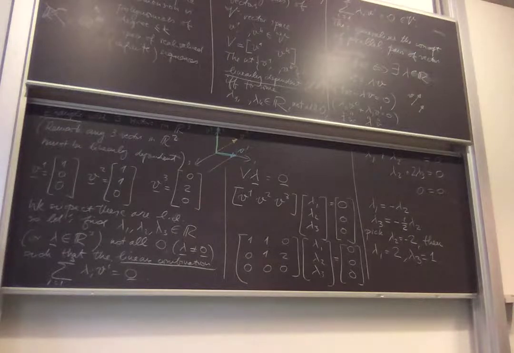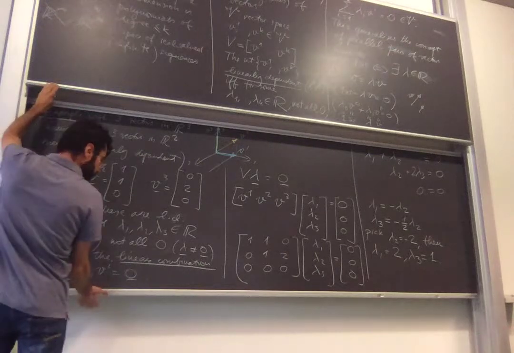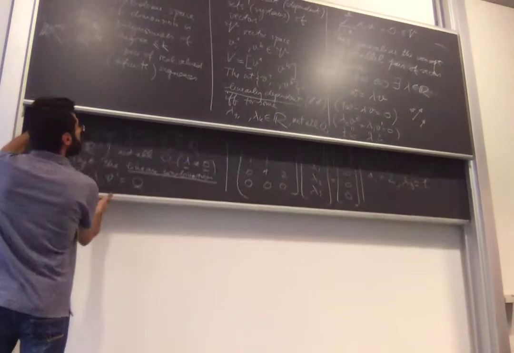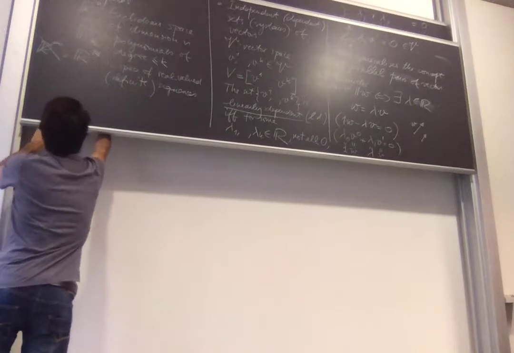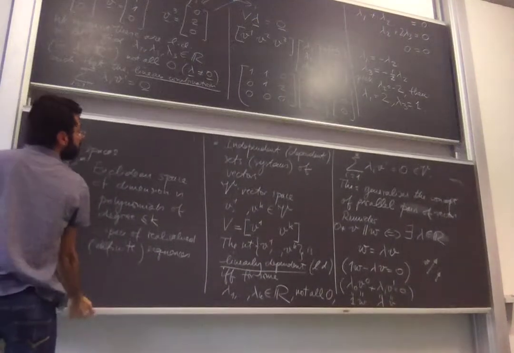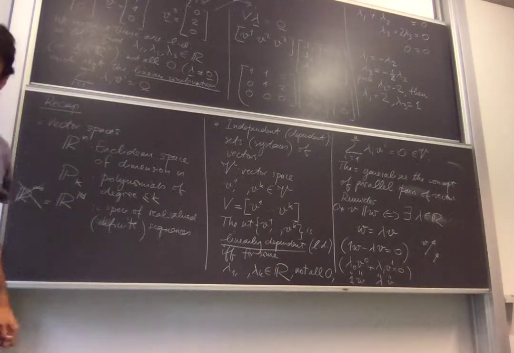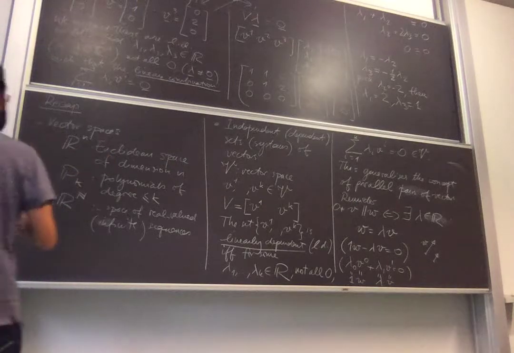So what is linear independence? If this means linear dependent, then there must be something that means linearly independent, which is when it's not linearly dependent. So let's rewrite down the definition of that, on the side so we can compare with the other.